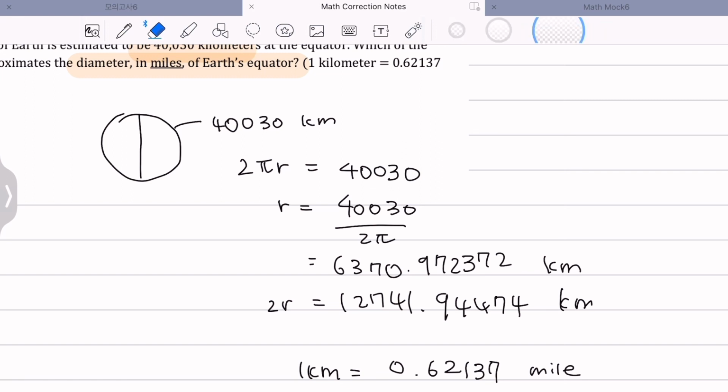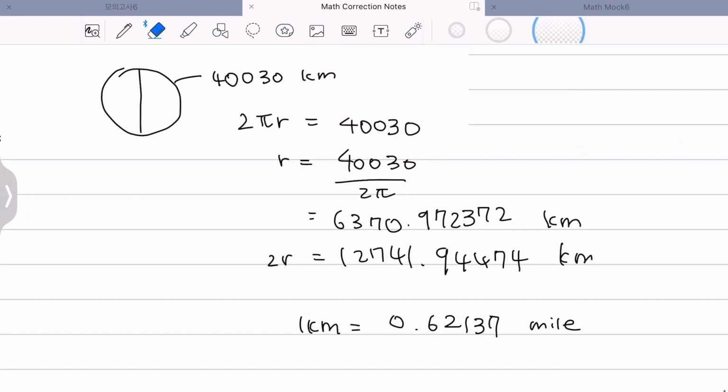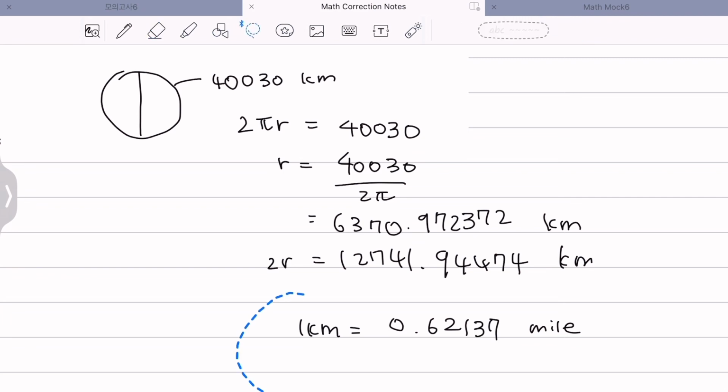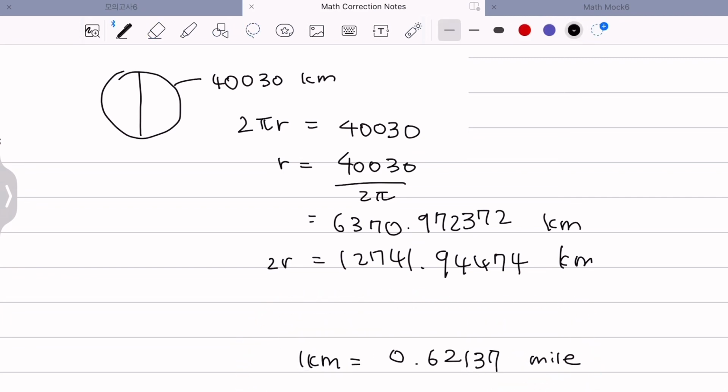So the 2r would be the same as this one times 0.62137.